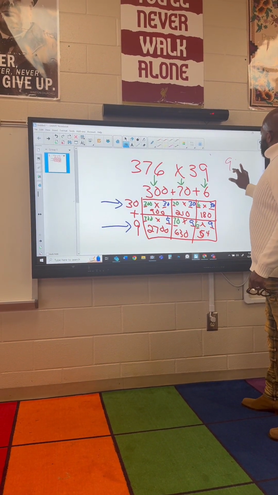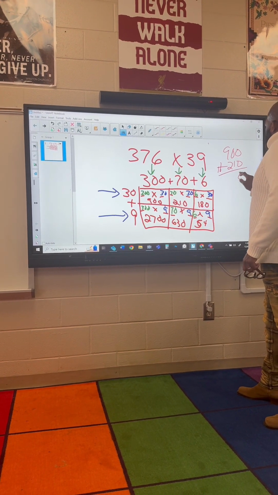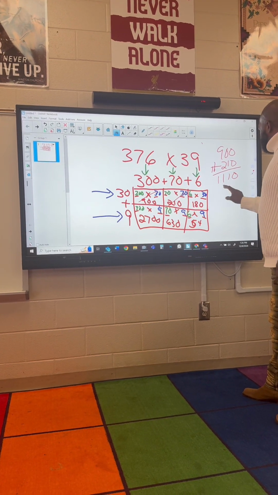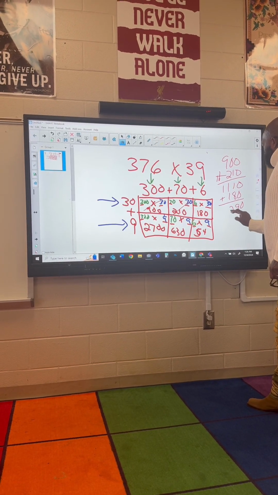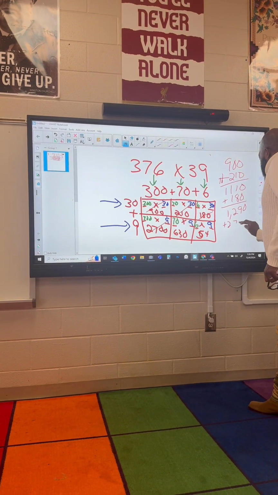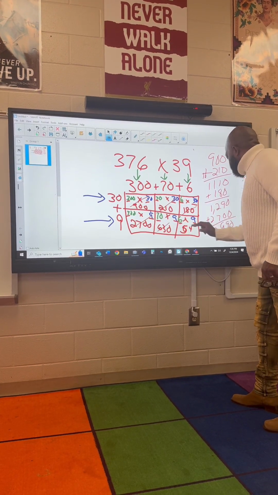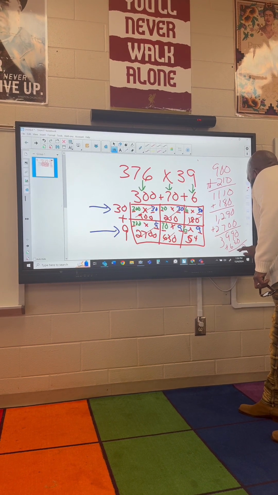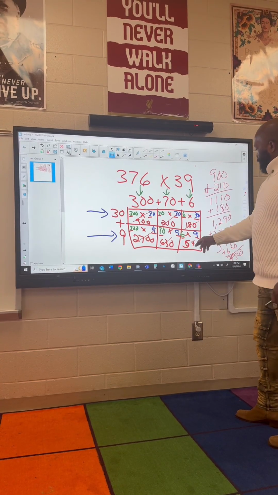So it's going to be 900 plus 210, and I always tell my kids to mark out the numbers once they add them, plus 180, plus 2,700, plus 630. And then the last was plus 54.